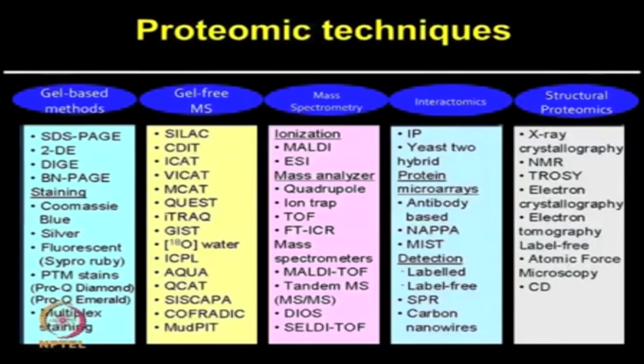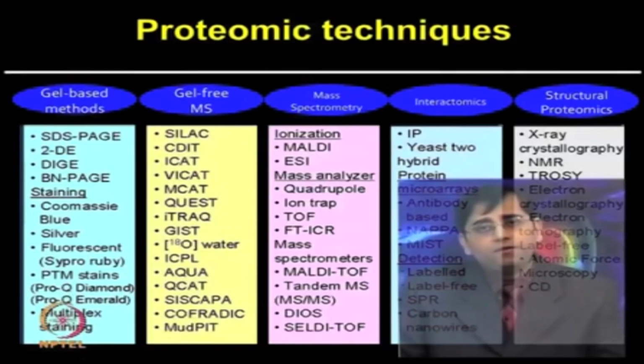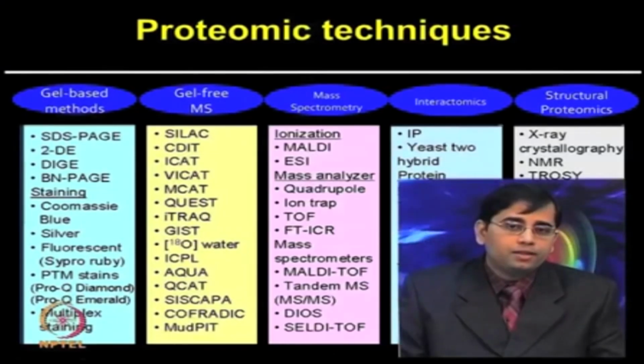The basic mass spectrometry, which is central to the proteomic application, includes different types of ionization sources such as matrix assisted laser desorption ionization, MALDI, electrospray ionization, ESI, and different types of mass analyzers such as quadrupole, time of flight, ion trap, and Fourier transform mass spectrometry.